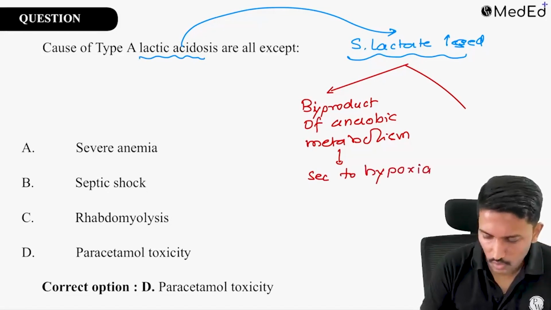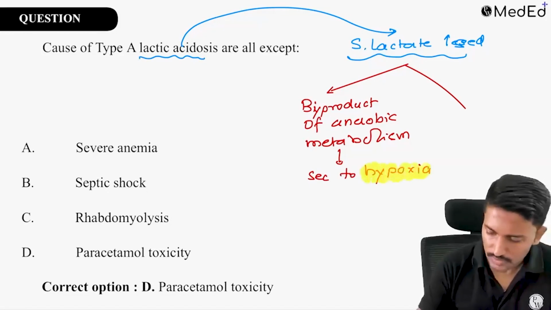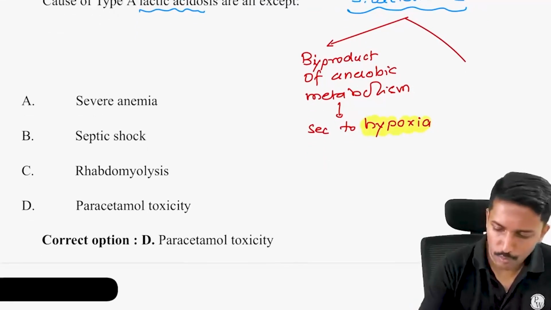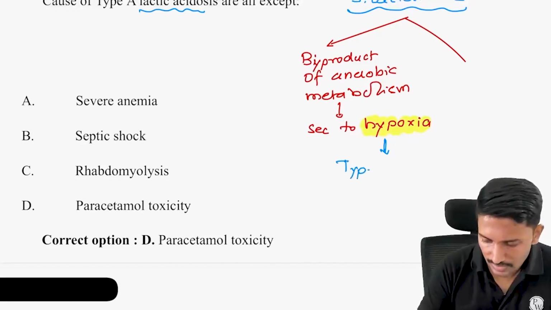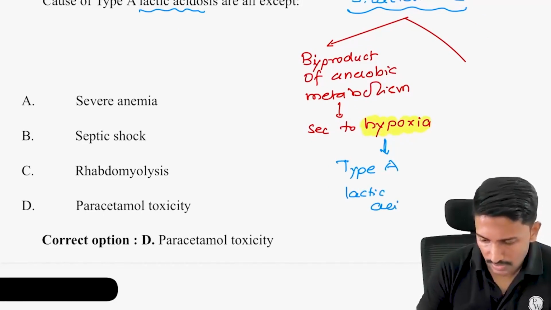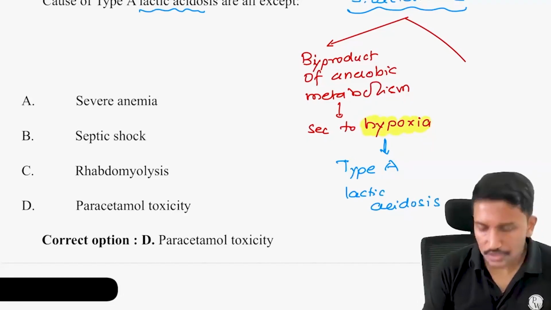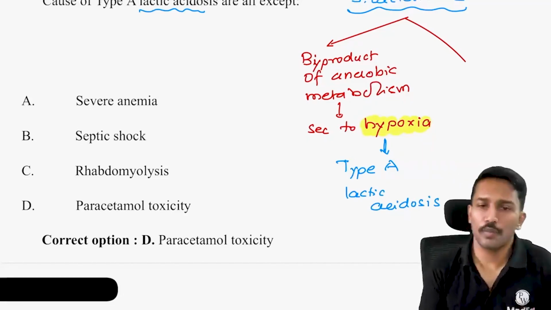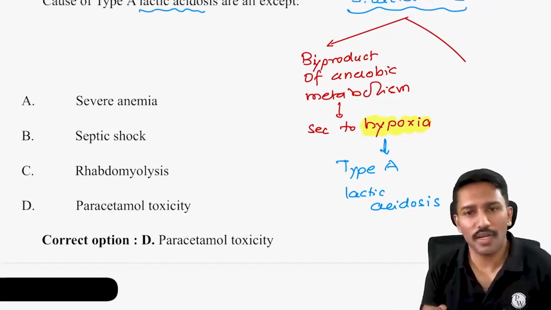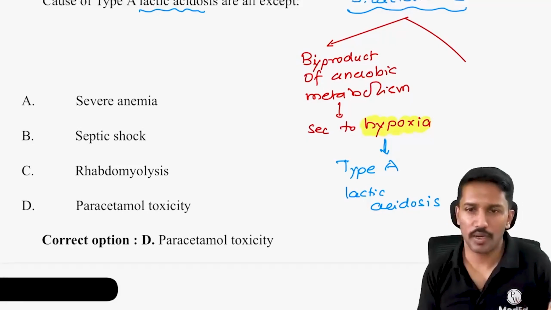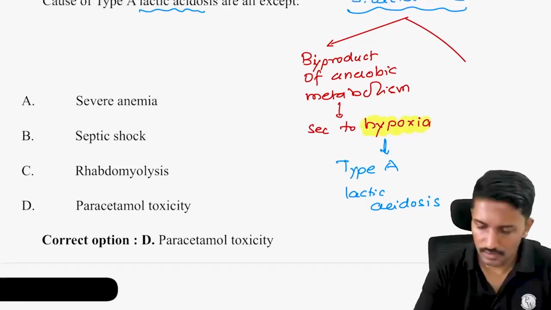So anything that causes hypoxia can cause lactic acidosis, and if hypoxia is responsible for lactic acidosis, we call it type A lactic acidosis. But there are conditions where, in the absence of hypoxia, lactic acid levels can be high because of abnormalities of either formation of lactic acid or its metabolism, right?